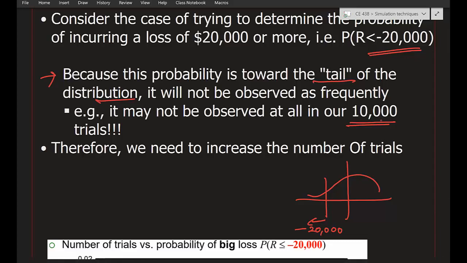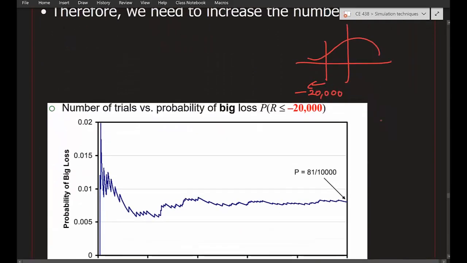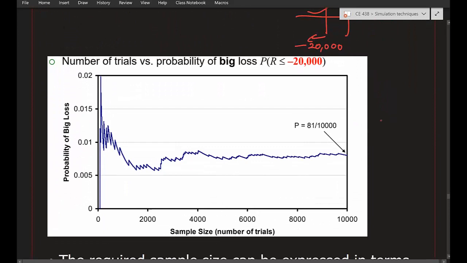So if I'm looking towards one of the tails, then I have to increase the sample size. For example, if I perform this exercise, the only difference is that R is not less than 0, R is less than minus 20,000. Again, I take 10,000 samples, and this is the probability of loss versus sample size graph. Here the graph becomes convergent around 6,000.